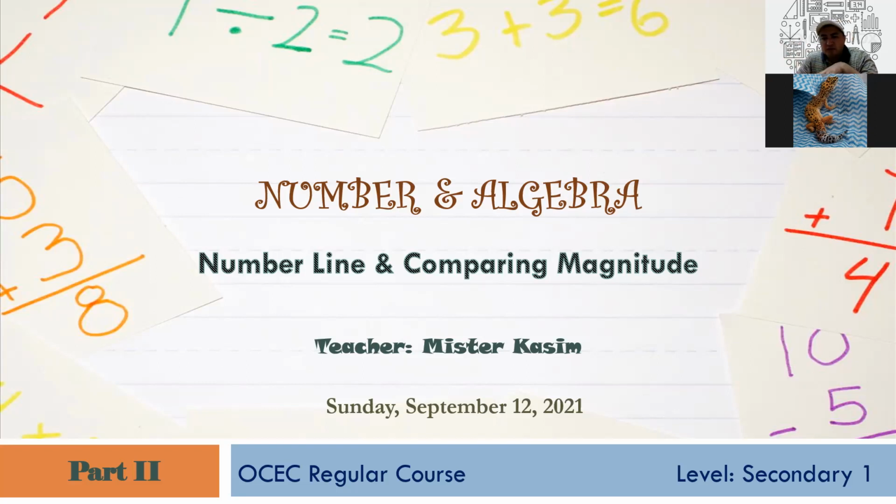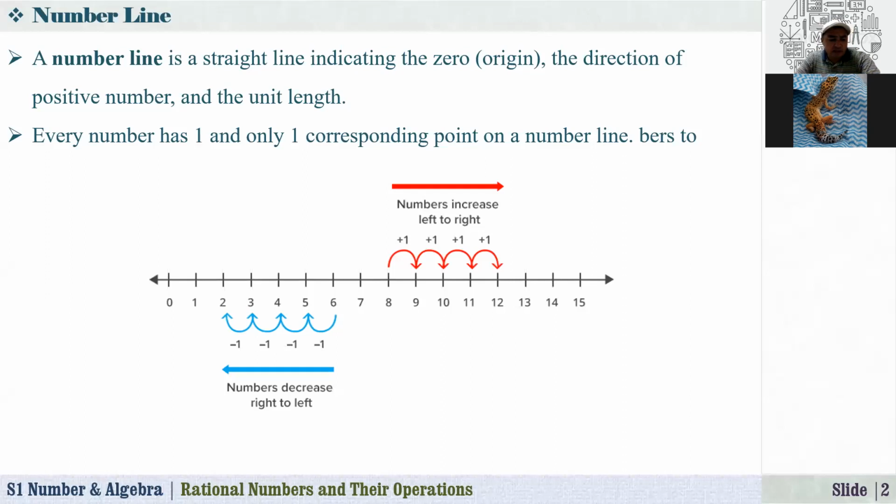Anyway, today we will talk about what the number line is and comparing magnitudes, or comparing two different numbers. Okay, what is a number line? We also have a geometric representation, because there's an interplay between algebra and geometry.